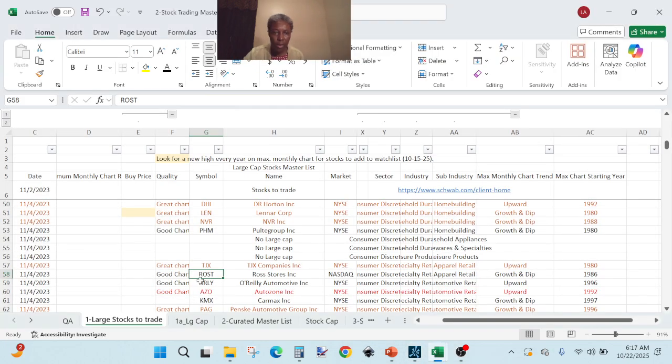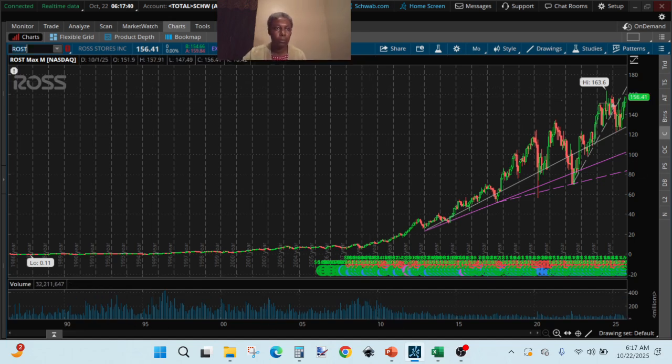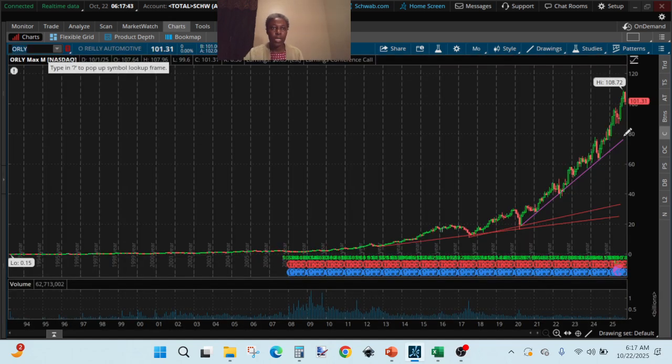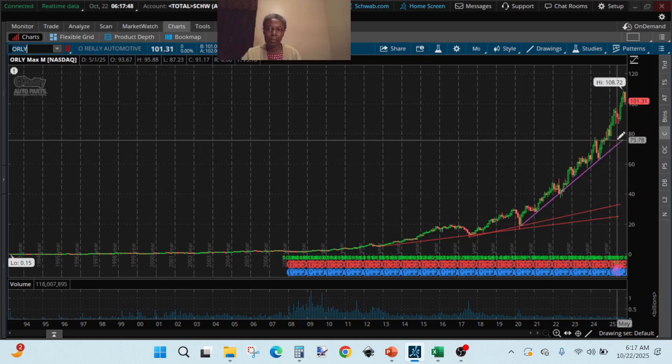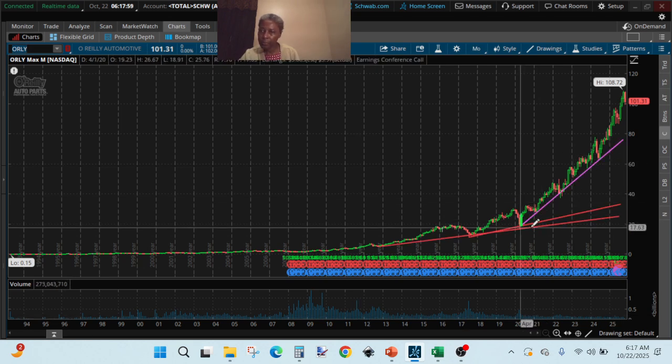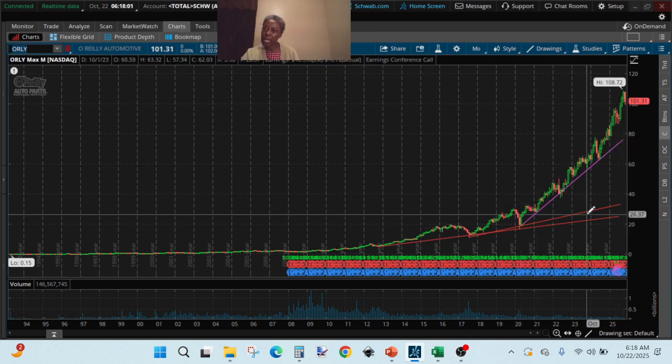So the next one is ORLY. ORLY is quite a clean chart, and again we are using the maximum monthly chart. Let's take a look at it.